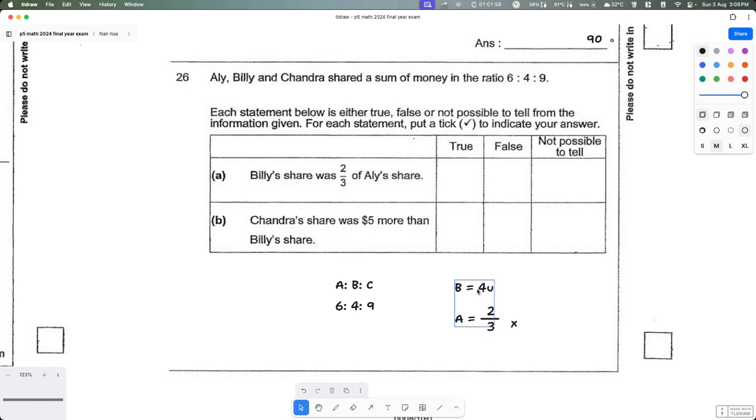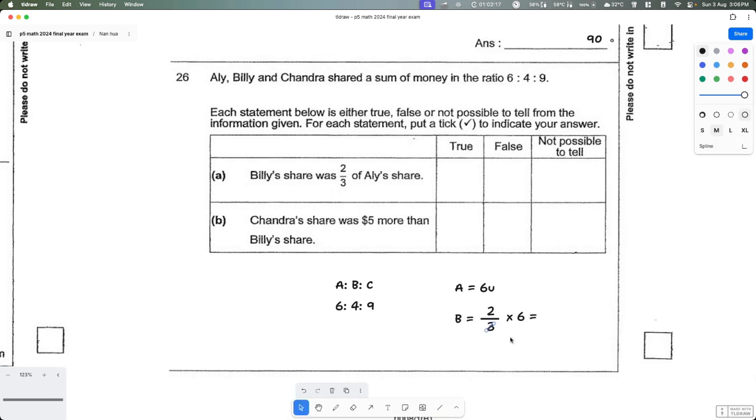So that means Ali is 6 units. Billy shares 2/3 of Ali, so Billy is 2/3 times 6 units. I remove the units first.